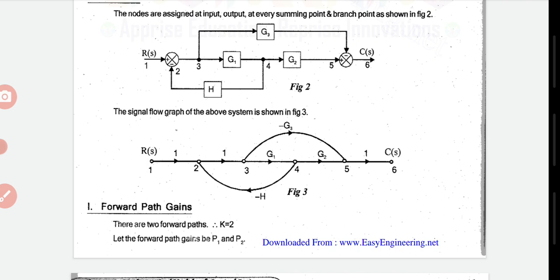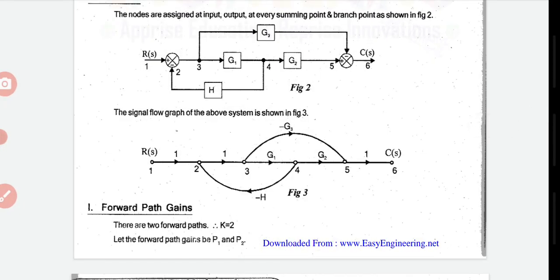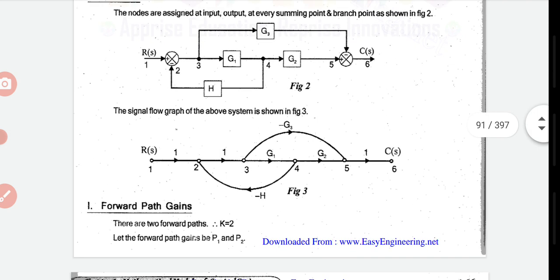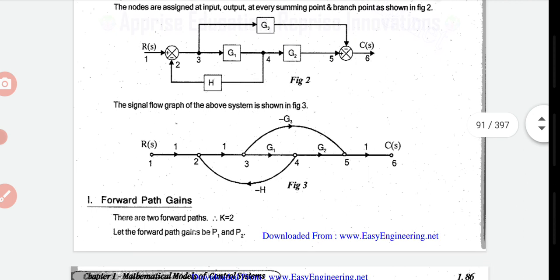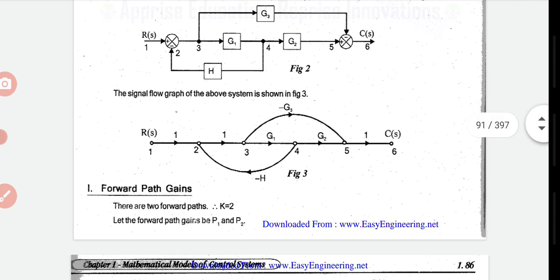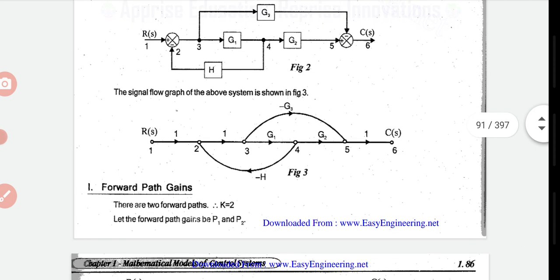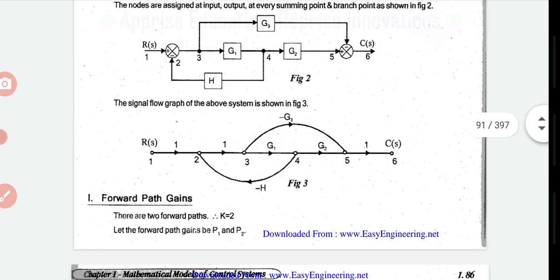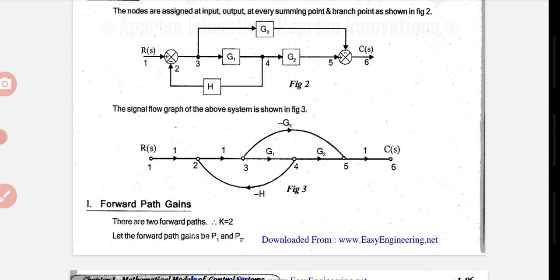The first node is the input and the second node is the summing point. Between 1 and 2 we don't have any value, so represent that with a gain value of 1. Then 2 to 3: the second node is the summing point and the third node is the branch point. Between 2 and 3 also we don't have any value, so we represent it with a gain value of 1.